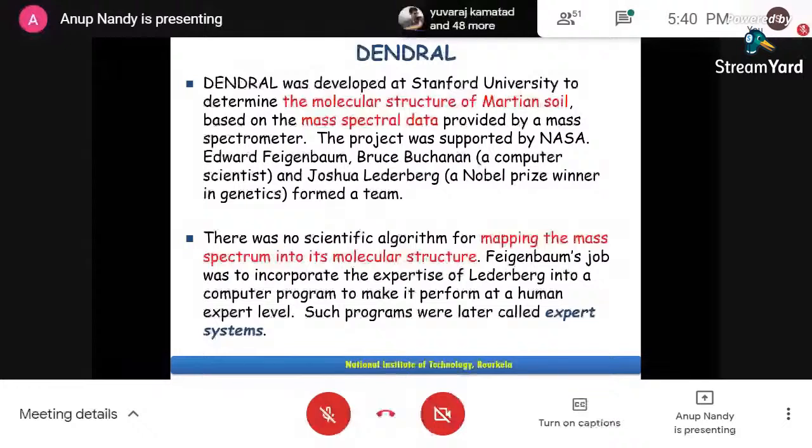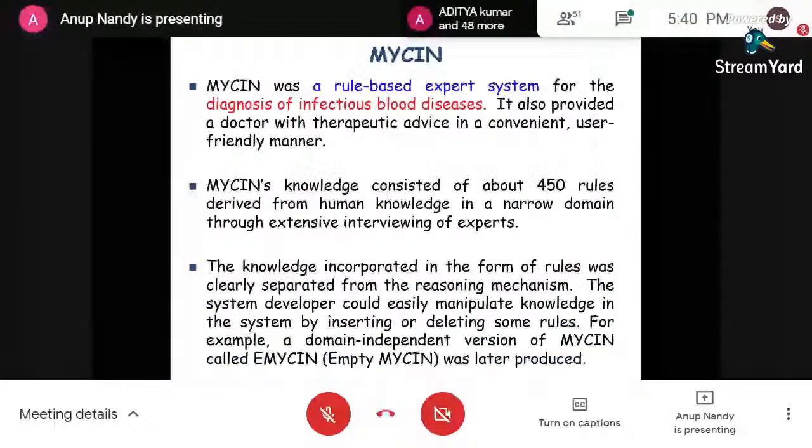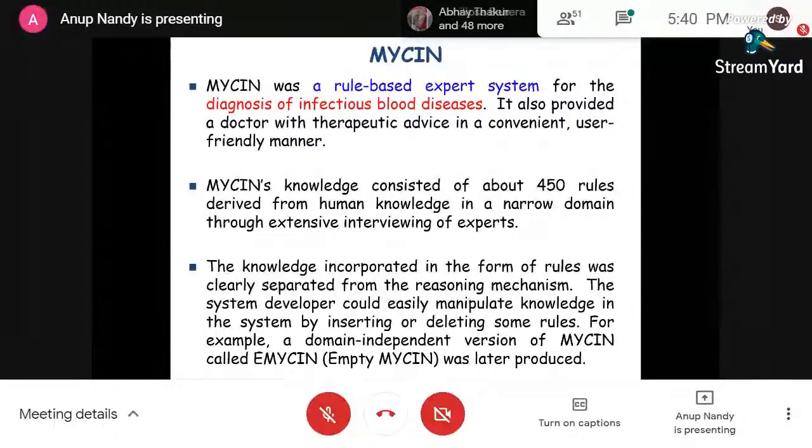After that, Mycin was very popular. I think all of you have heard this name, Mycin. Mycin is an early expert system that used a backward chaining algorithm. I think it was also developed in the 1970s, perhaps 72, by Stanford University.